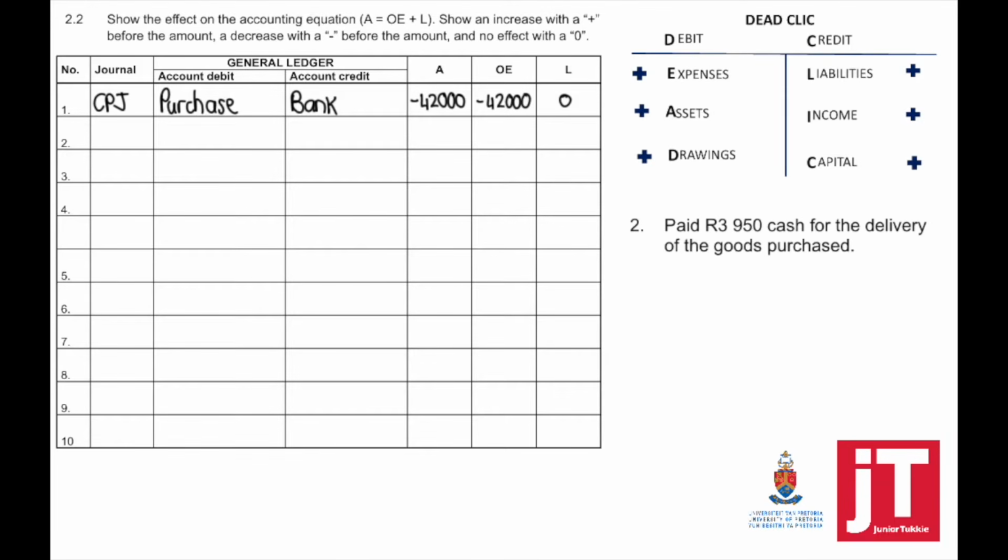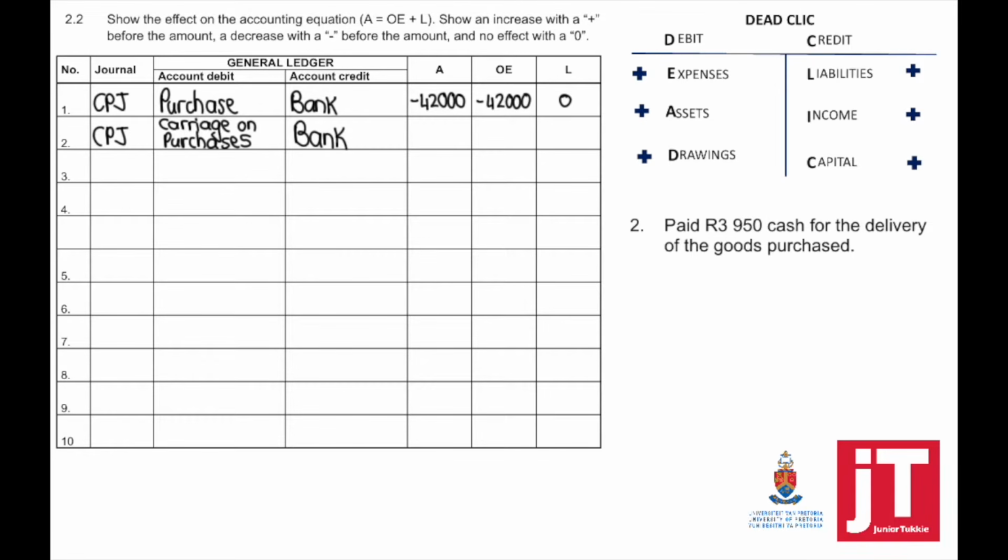Number 2, paid $3,950 cash for the delivery of goods purchased. In a periodic inventory system, if a payment is made, it will still be recorded in my CPJ. Bank is going to be credited, but now we're going to open up carriage on purchases. There's no movement of trading stock recorded in the trading stock account.